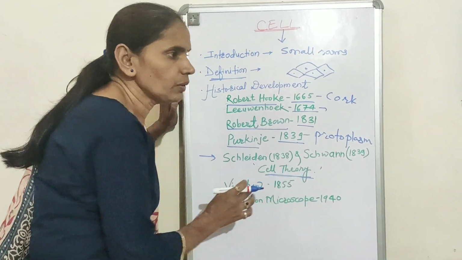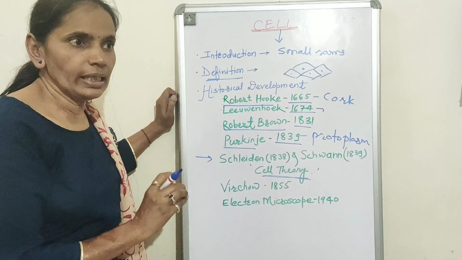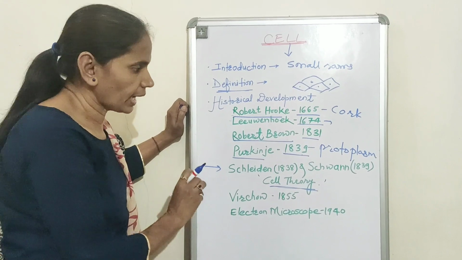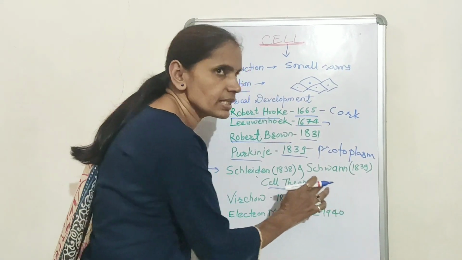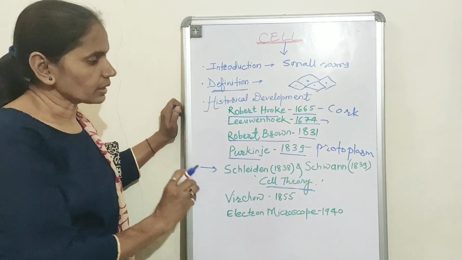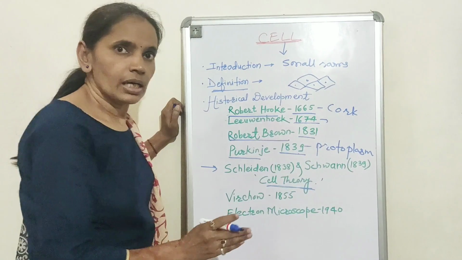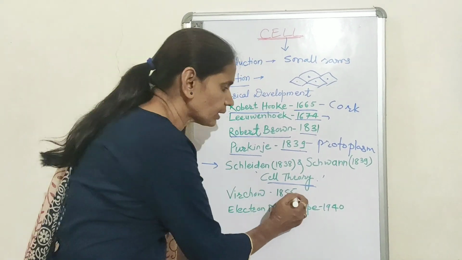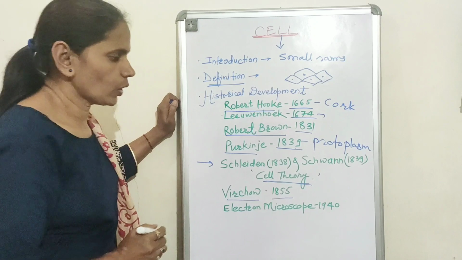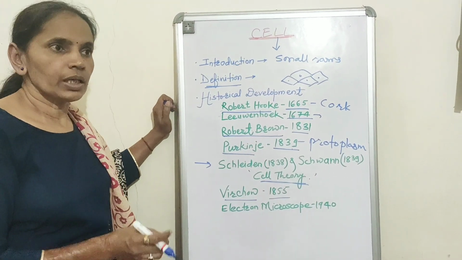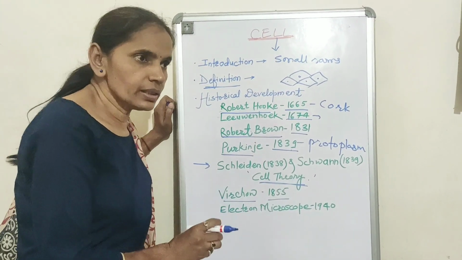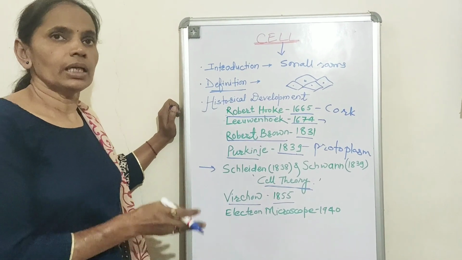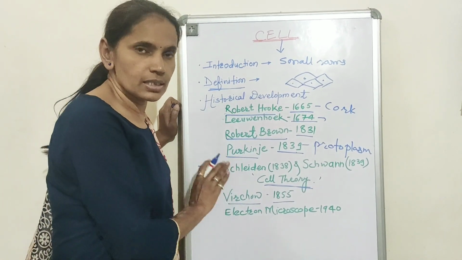This cell theory postulates that all living things, all plants and animals, are made up of cells, and these cells are the basic unit of life. The same cell theory was further expanded by Virchow in 1855. He added that all cells originate from previously existing cells.